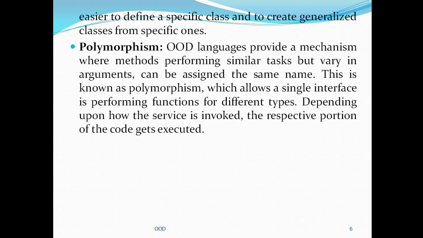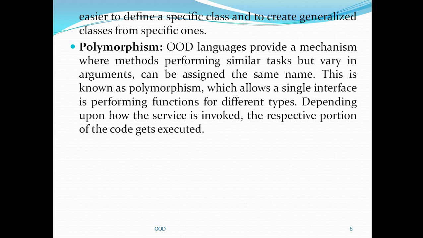Earlier I said that a function's name is one but it performs different tasks. For example, in operator overloading, the name of the function is the same and it performs tasks such as addition, subtraction, multiplication, and division. This is known as polymorphism, which allows a single interface to perform functions of different types.